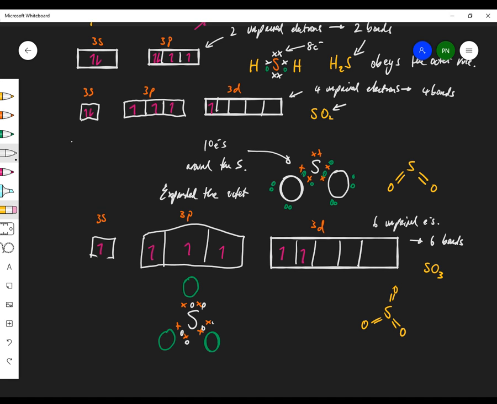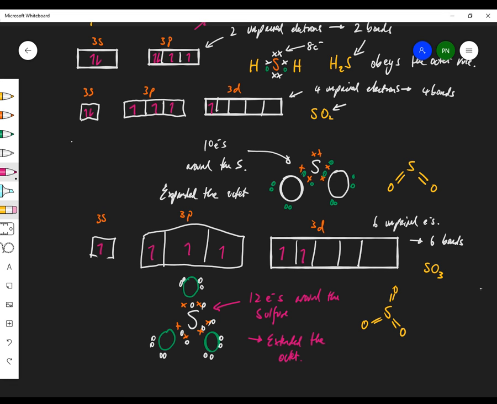If you count around here, it actually has 12 electrons around the sulfur. And so what we have done now is expanded the octet to 12. Okay, I hope that makes sense.